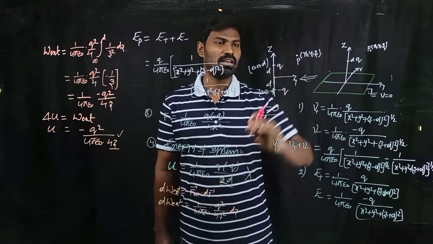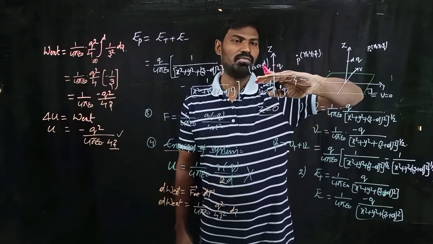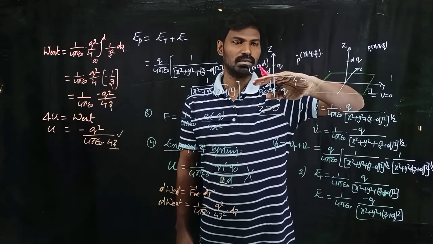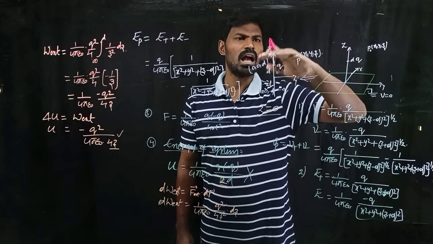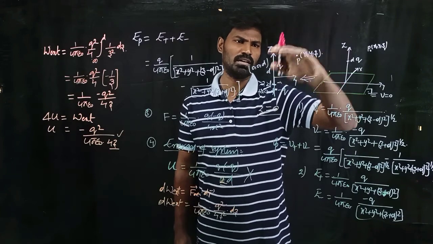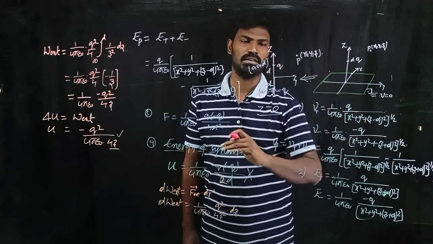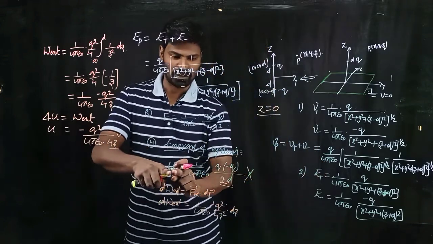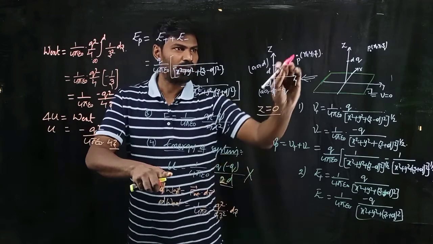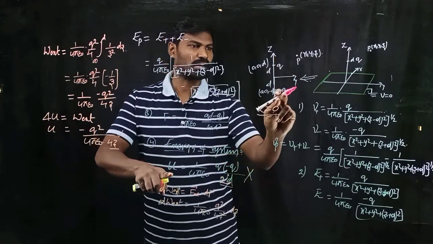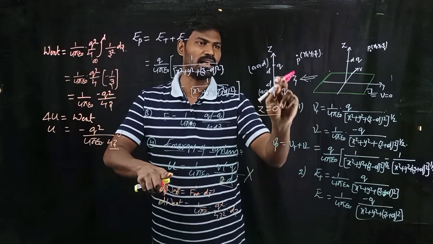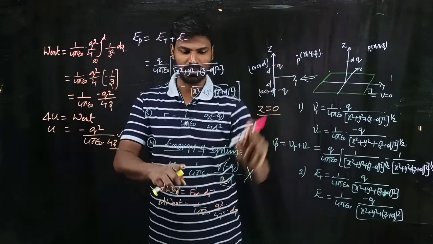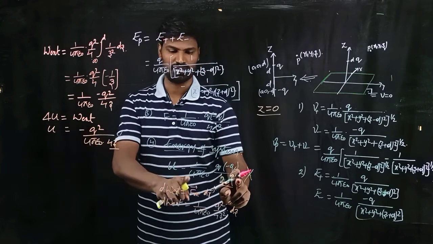So the field energy is produced only by the charge existing above this conducting plane. This is not contributing, whereas here we calculated by taking into consideration the field produced by this as well as this. So that's why we are getting this one as double of this one.